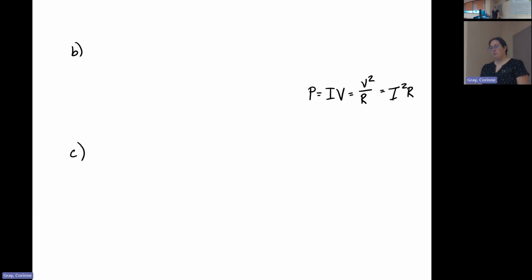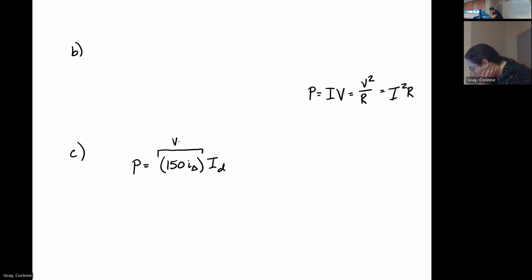So for example, for C, what we could go through and do if we wanted to is we can say power is equal to the current, so the 150 I delta, because that would be the voltage times ID. So this is our voltage times the current that's in that part, right? We are welcome to go through and do that.